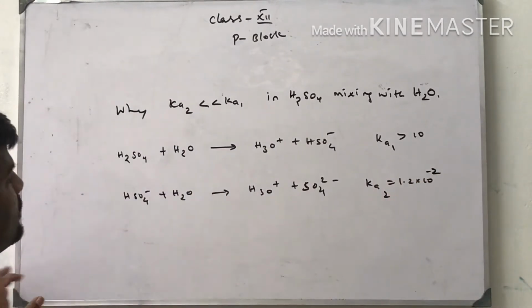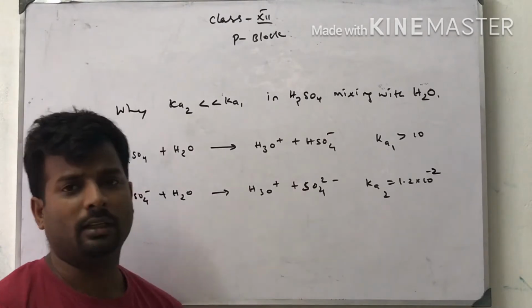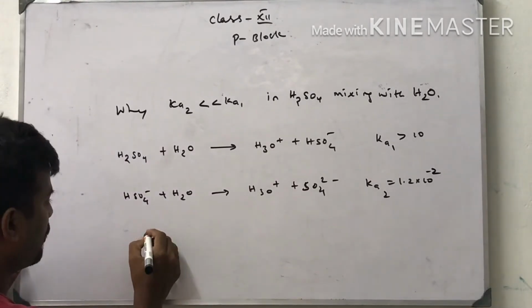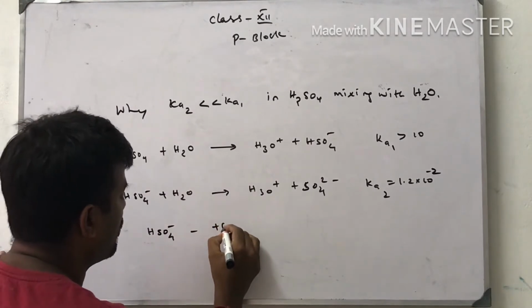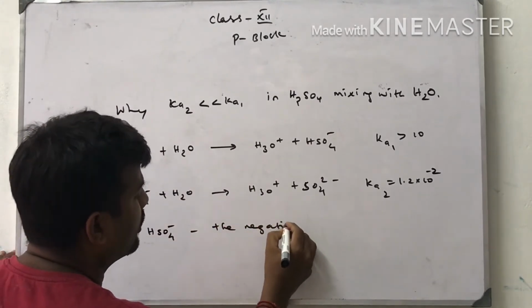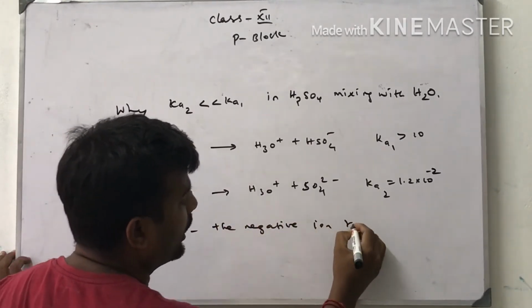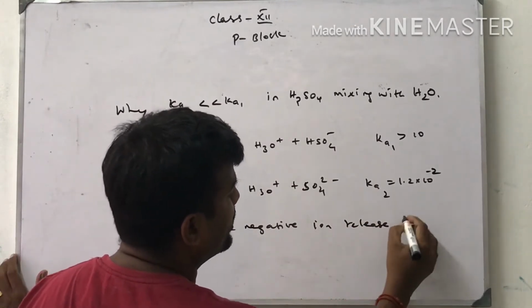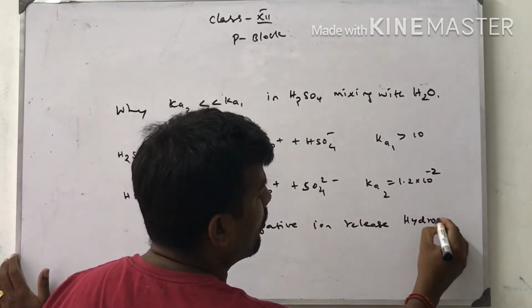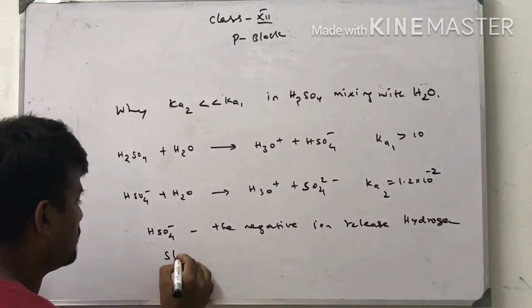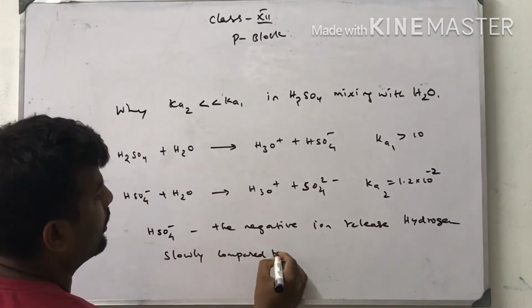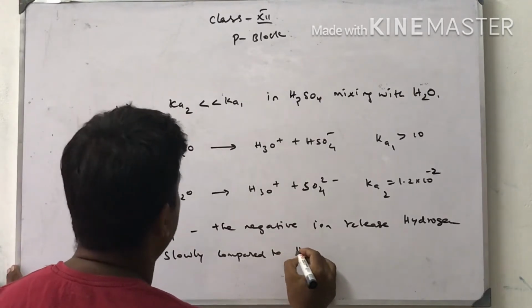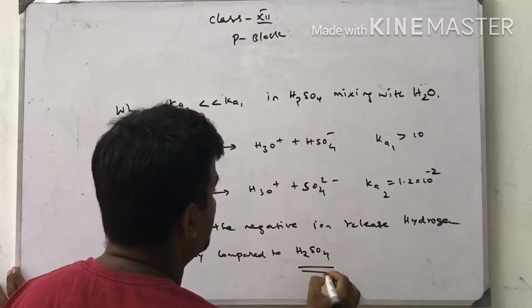So the reason is that the negative ion HSO4 minus releases hydrogen slowly compared to H2SO4. So that is the thing.